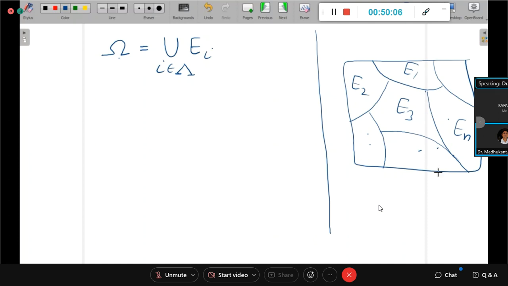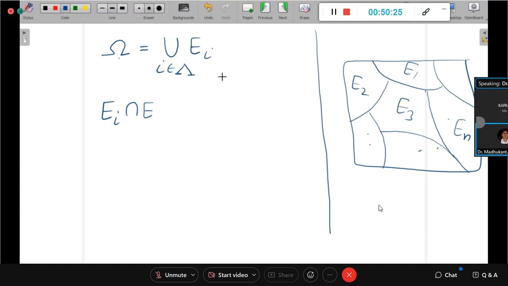These are mutually exclusive events, and the total union will define the whole sample space. These are exhaustive as well as exclusive for a finite case, and for the infinite case you can also give as many partitions. Exhaustive means clearly the union of E_i is the sample space.